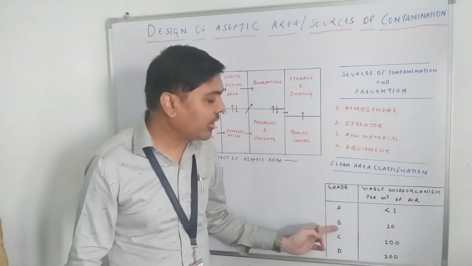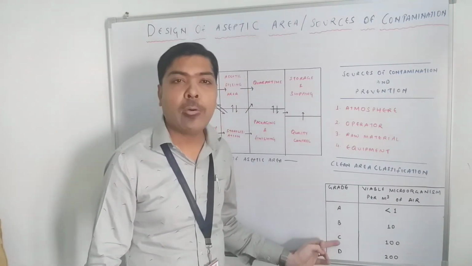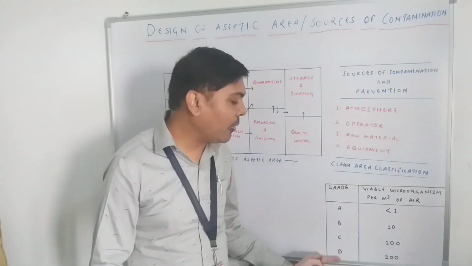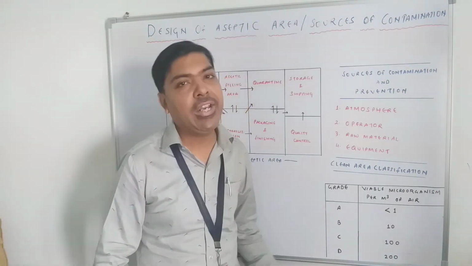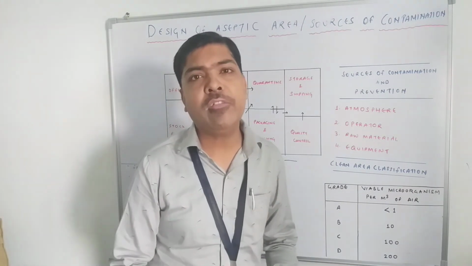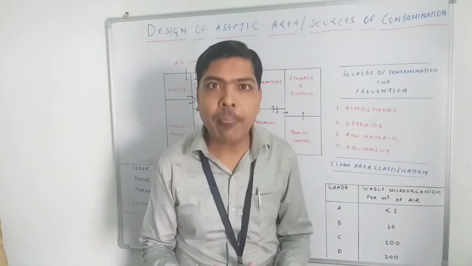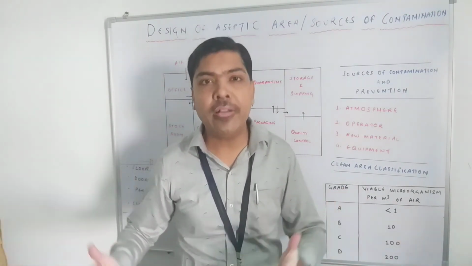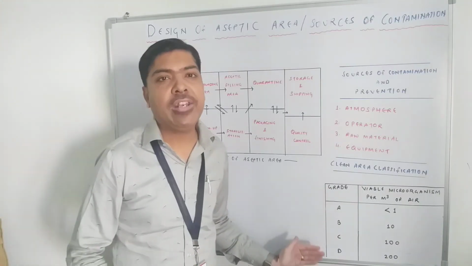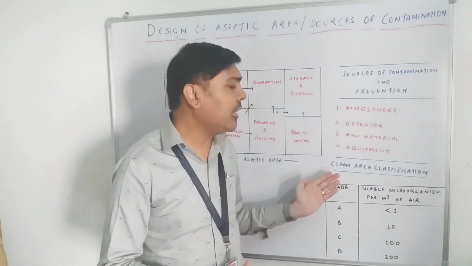For grade B it should be around 10, for grade C around 100, and for grade D around 200. This is the permissible limit of microorganisms that can be available. So depending upon the condition and the room, we need to optimize these different grades of aseptic or clean areas.